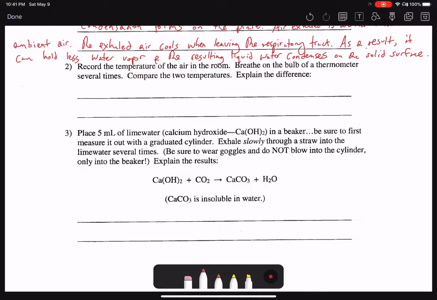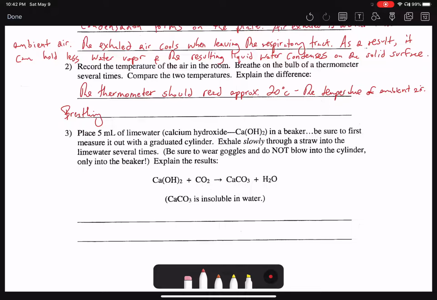So in other words, the thermometer should read approximately 20 degrees C, which is the temperature of ambient air, that is the air in the room.